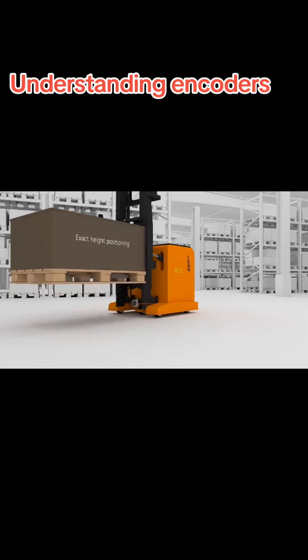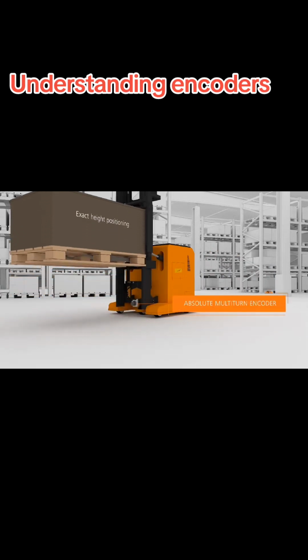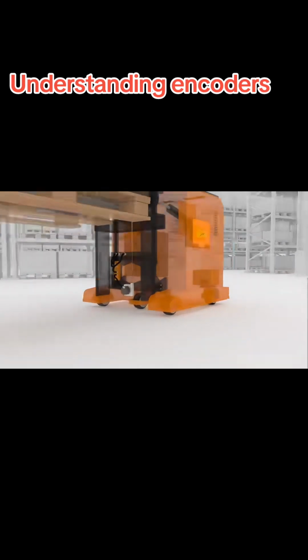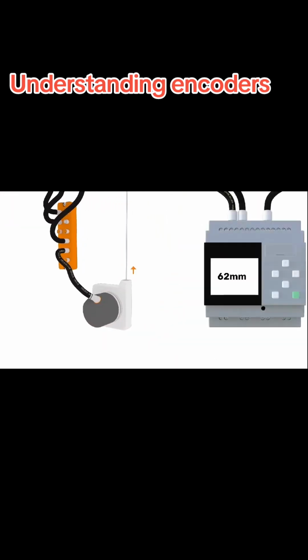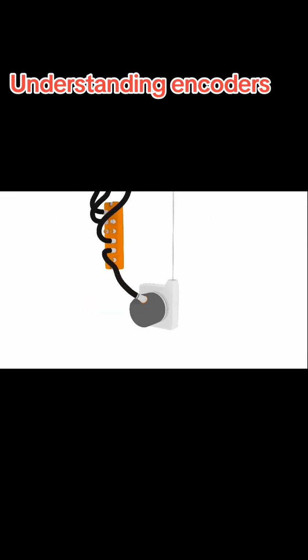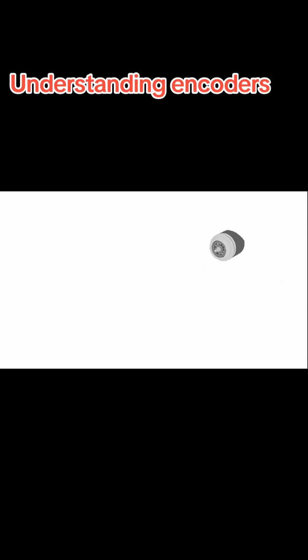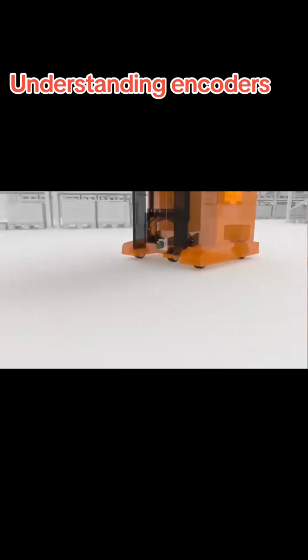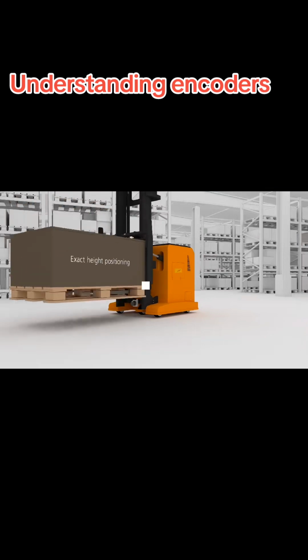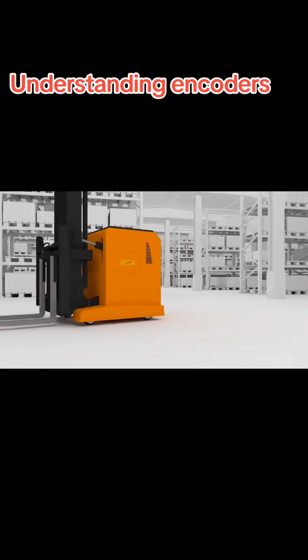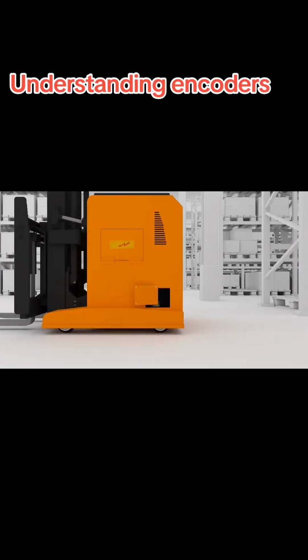Like right here with your height, the absolute encoder is the one doing all that work, giving you all the information, recording the data, and transferring it back to your PLC. In most cases, absolute encoders give the information back to your PLC, whereas incremental encoders, your shaft encoders, give information to your drive and then your drive to your PLC.